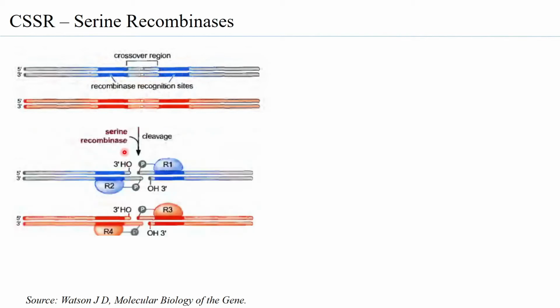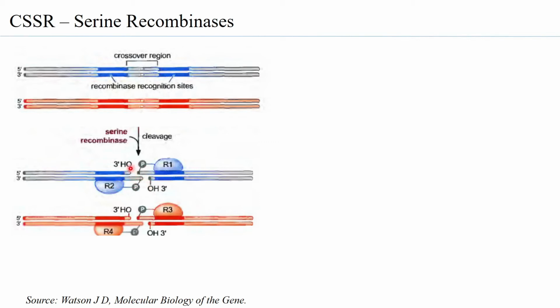So the serine recombinases will cut in such a way that you have a 3' OH formed over here, and the phosphate is bound to the recombinase. And the second recombinase also cuts at the crossover region, but you can see how there is a staggered cut.